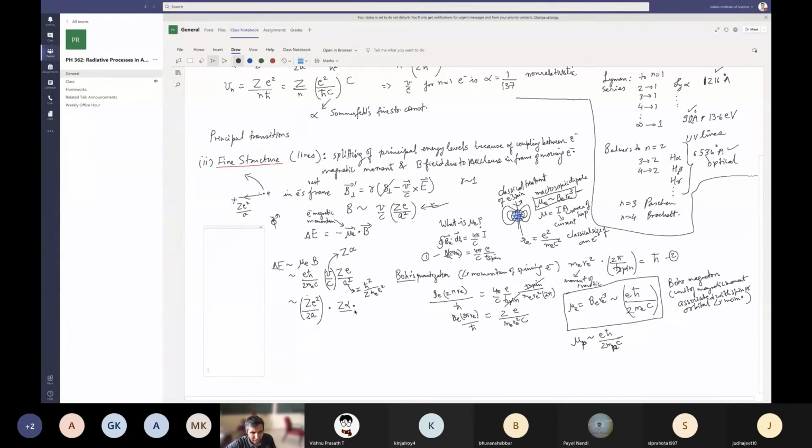So 1 by a is Z m_e e squared by ħ squared. 1 by a is here, and the remaining a is just that. And what do we have? We have twice m_e c. We have ħ.